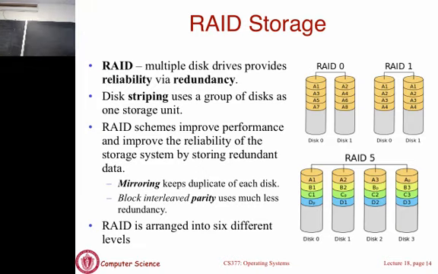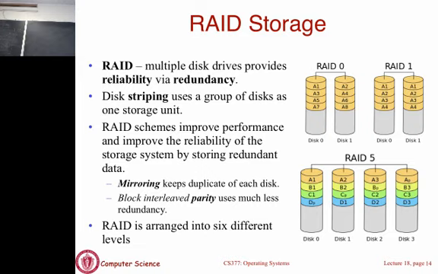Another type of RAID is what we call RAID 1, which is where we're going to use what we call mirroring. The idea here is that we're going to take all of our blocks of data and mirror them to another physical hard drive. So this is D1, the first physical disk, D2, D3, and D4.